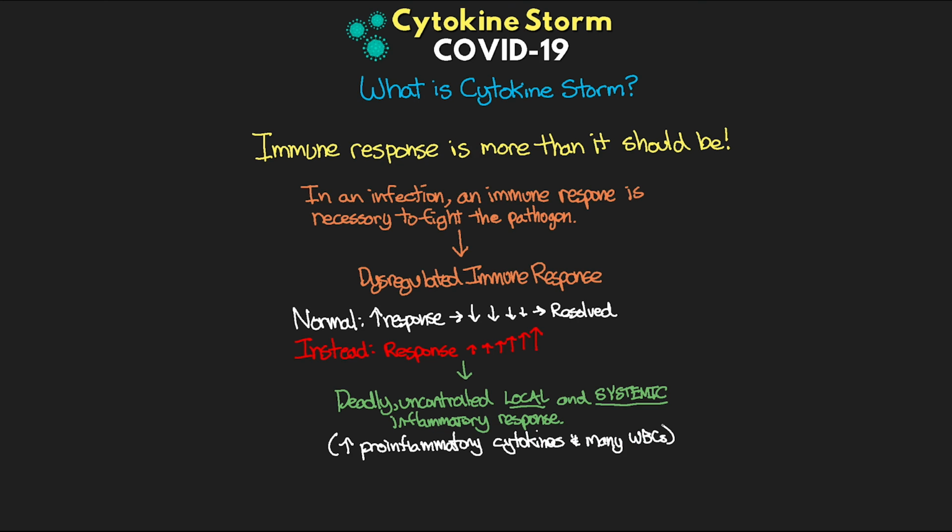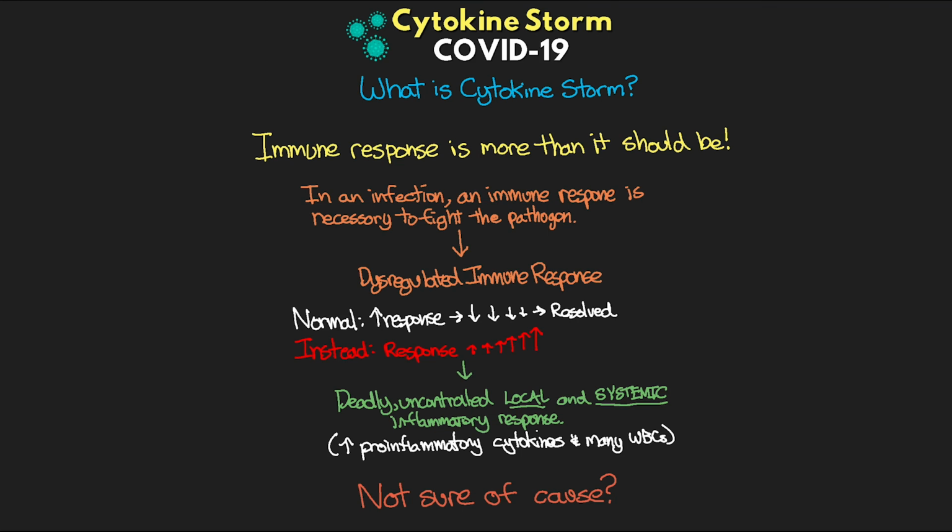And this is really associated with the morbidity and mortality that we see in these patients. The important thing to know here, though, is we're not really sure of the cause of this hyperinflammatory response. That leads to a lot of questions in what's happening, how we can treat this, and really ways that we can try to prevent our patients from having this complication.